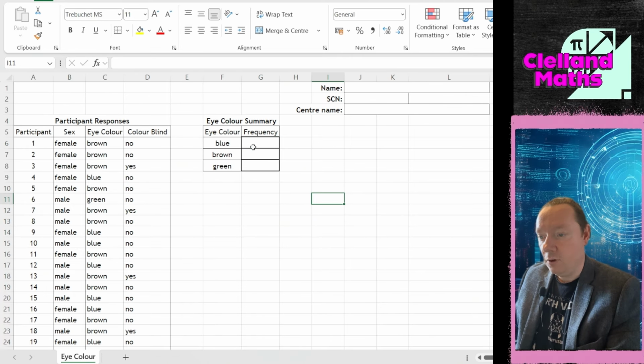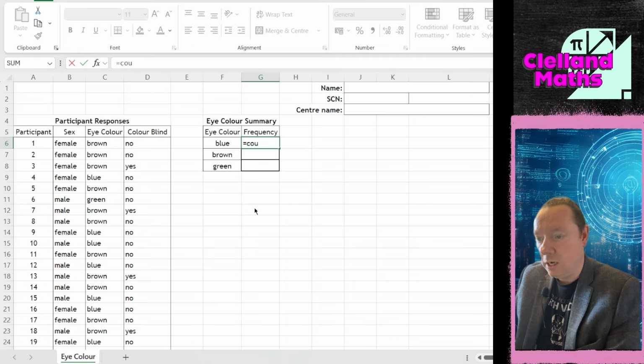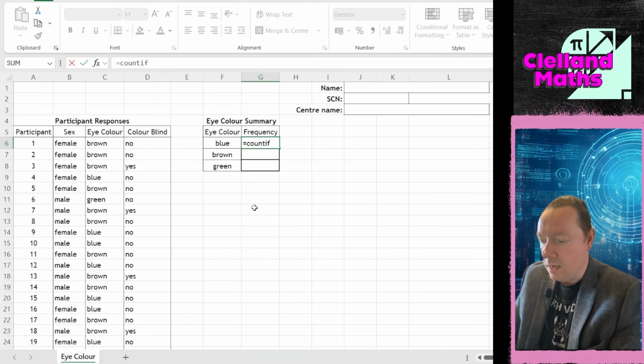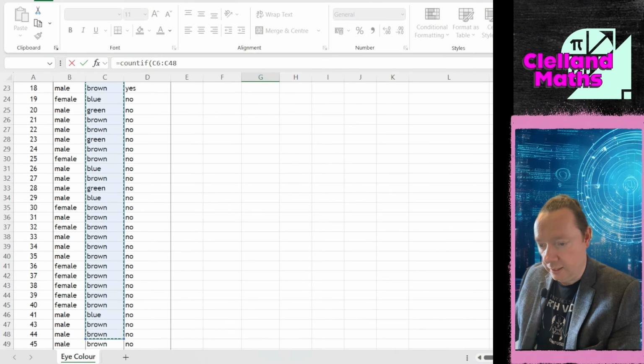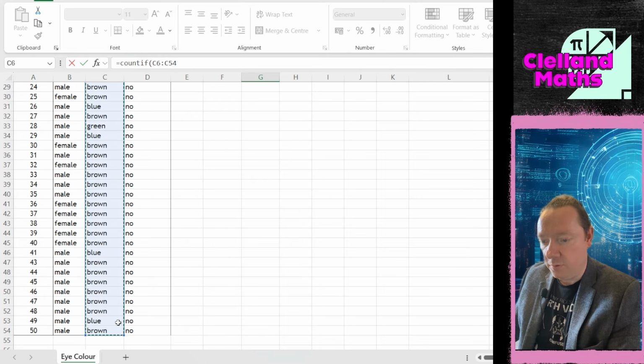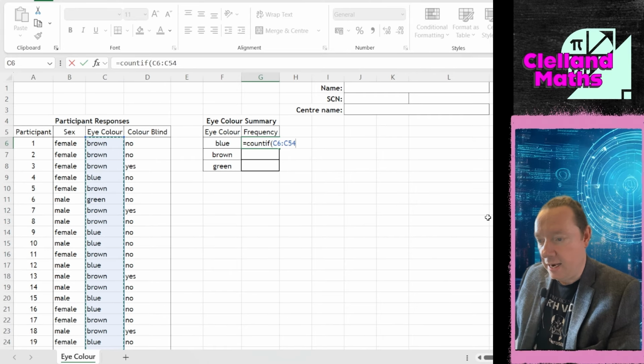So how do we use the COUNTIF function? Well, we just type in here equals COUNTIF, open a bracket, we want a range of data, so we highlight our data, or type it in manually if you feel you must. And then our criteria. Now you can't just type in blue here, you need it in inverted commas, "blue", because it's a word.